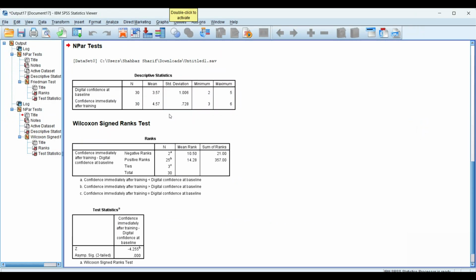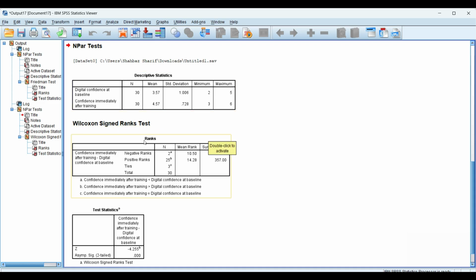So you can see the descriptive statistic: the mean value at baseline is 3.57 and immediately after training is 4.57. So you can see confidence increased significantly from baseline to immediately after training.